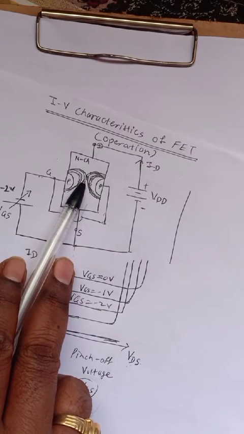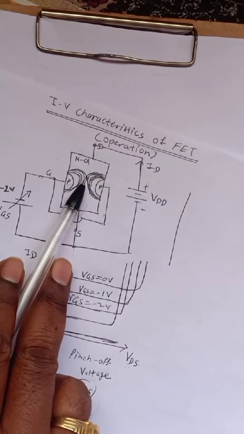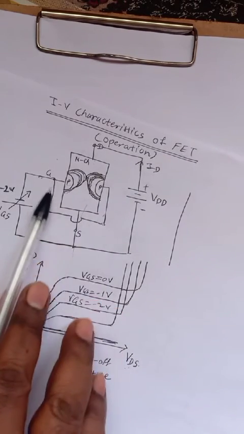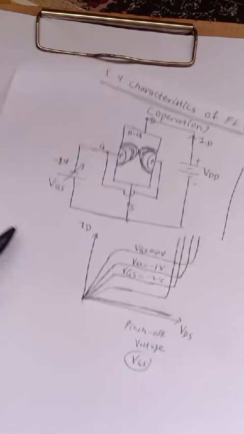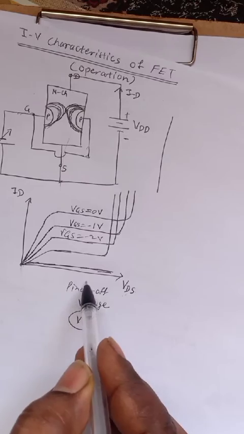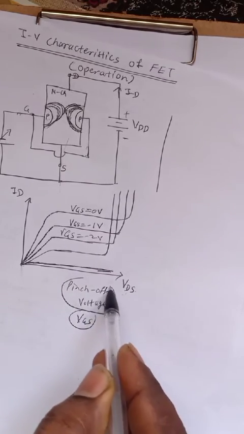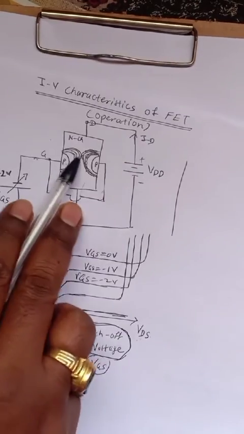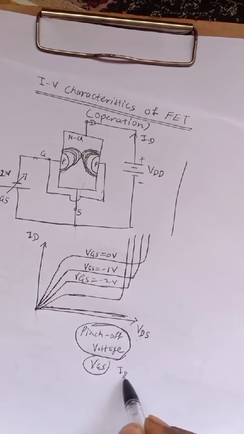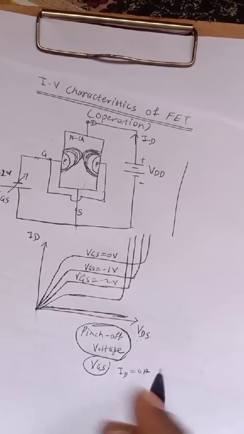The current flow is fully stopped here, and this FET acts like off. So this voltage is known as pinch off voltage, at which the two depletion layers touch each other and drain current ID becomes 0. So here ID becomes 0.